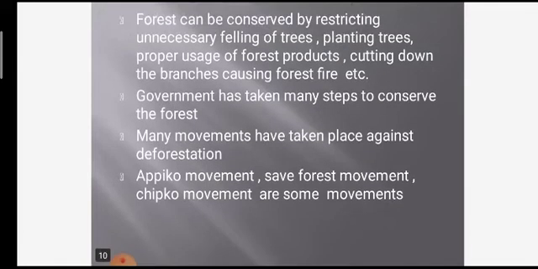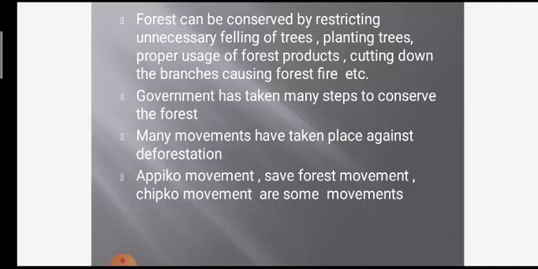And then the government has taken certain steps to conserve the forest. Many movements have taken place against deforestation. Deforestation means cutting down the trees. So we have to protect our plants, we have to protect our forest. The government has taken certain steps and I have given some movements. These movements protect our forest, we save our forest.